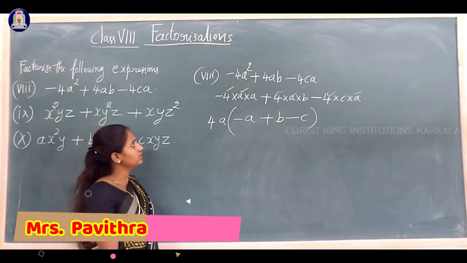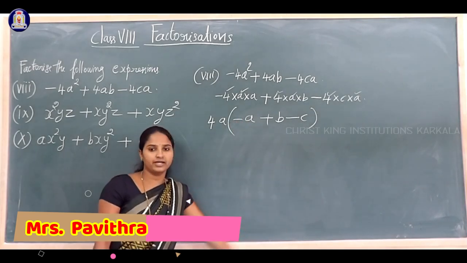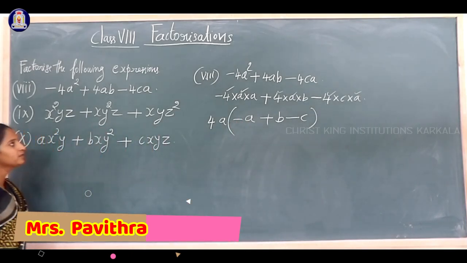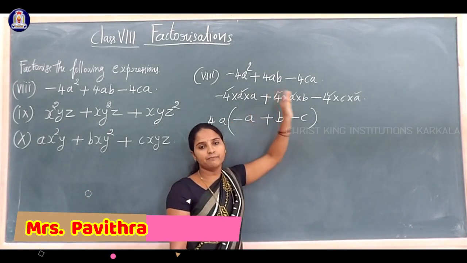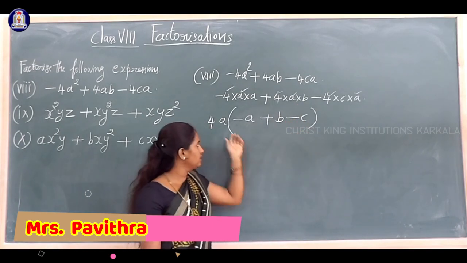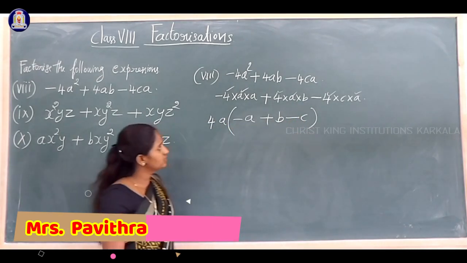Clear? So these are the factors. 4a is one factor and minus a plus b minus c is another factor. So the prime factorization of minus 4a square plus 4ab minus 4ca is 4a into minus a plus b minus c. Clear? So this is a prime factorization.